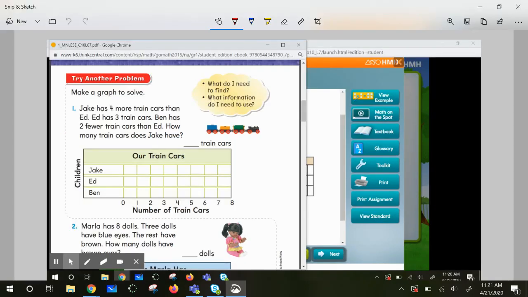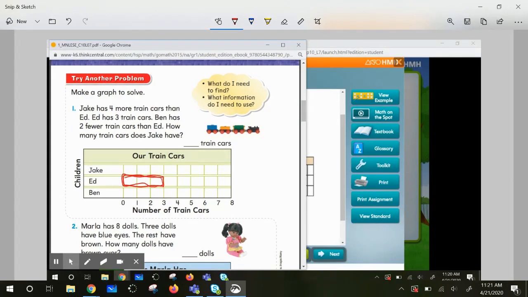So Jake has 4 more train cars than Ed. So we can't actually write down anything for Jake yet. However, it says Ed has 3 train cars. So Ed has 3. We're going to go to the end of 3. There we go.